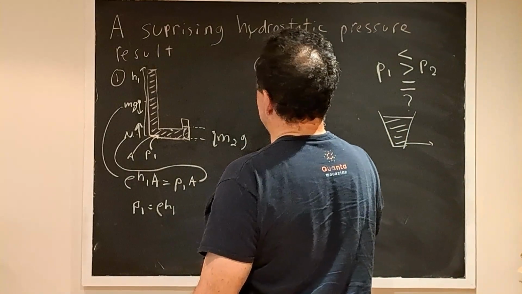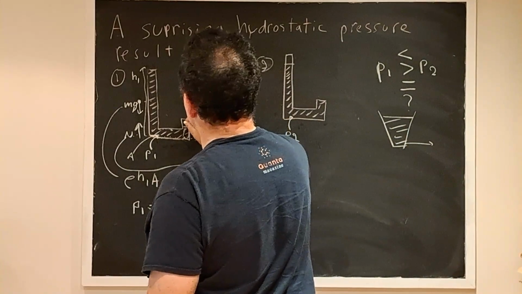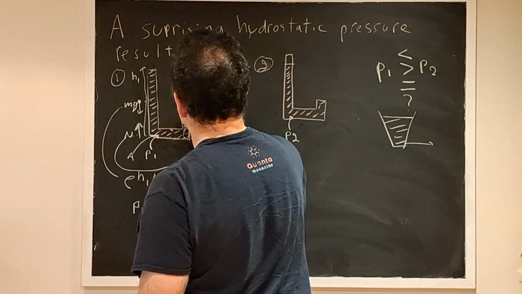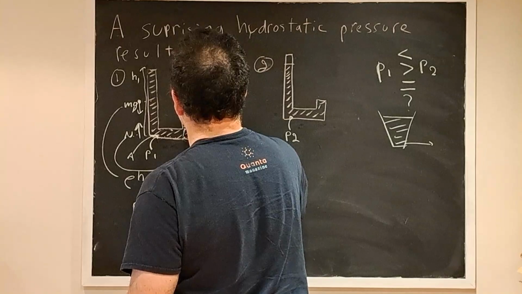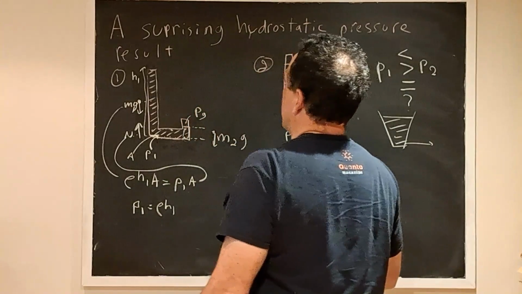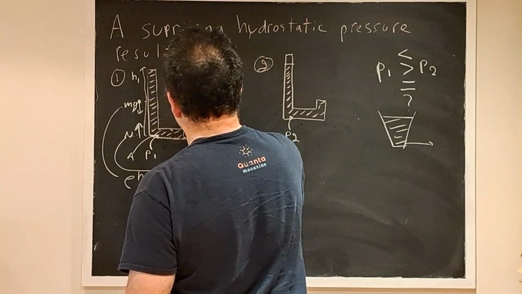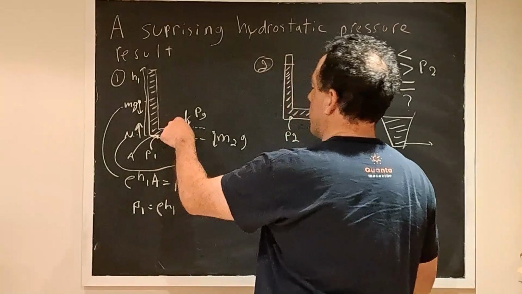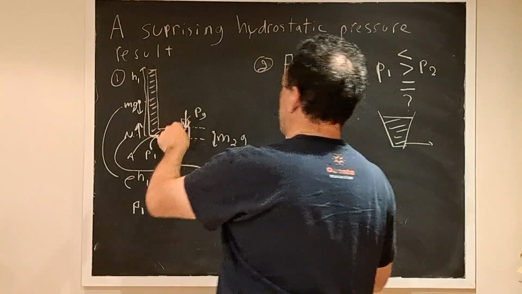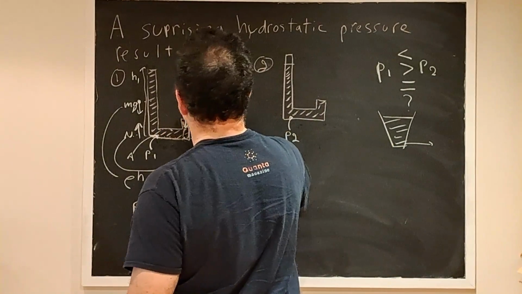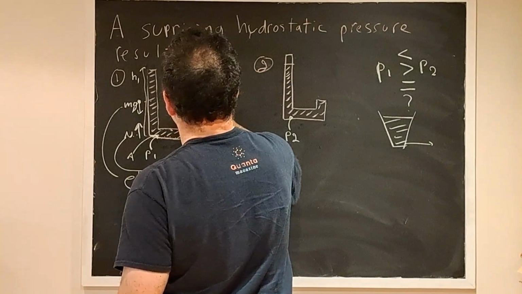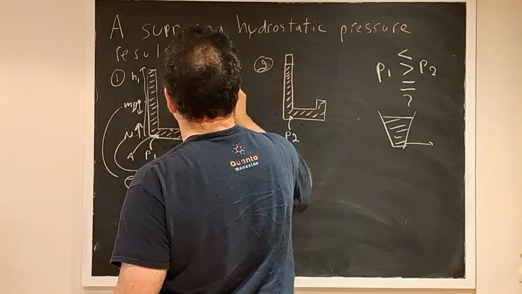And here, there is some pressure in the gas, we call it P gas, that also pushes on the water column from above with the force P gas times the area.